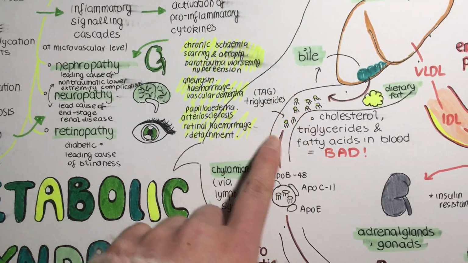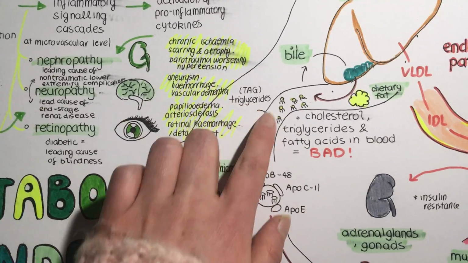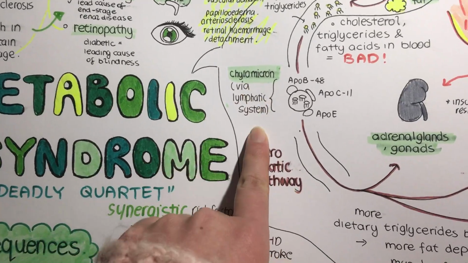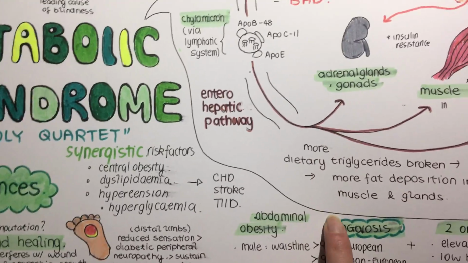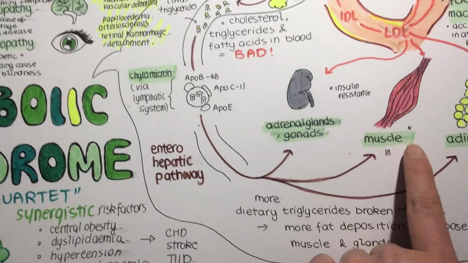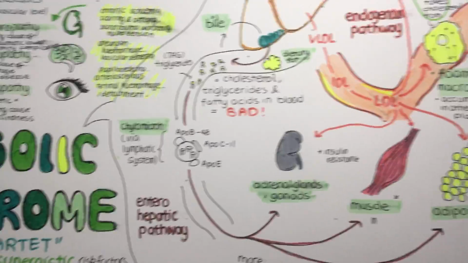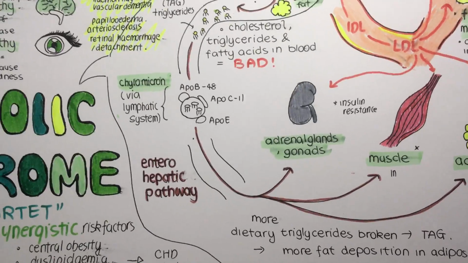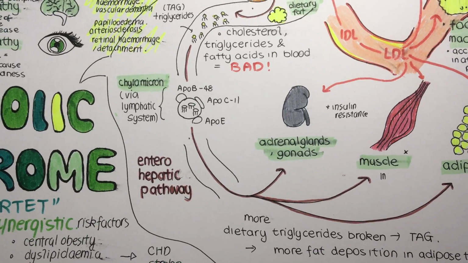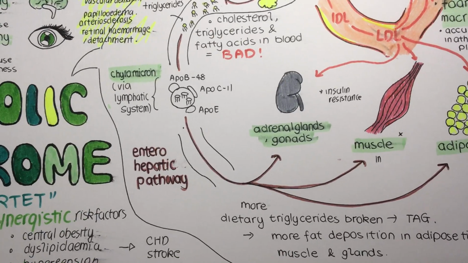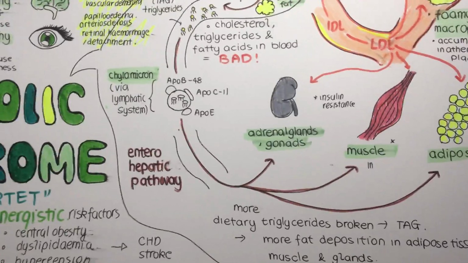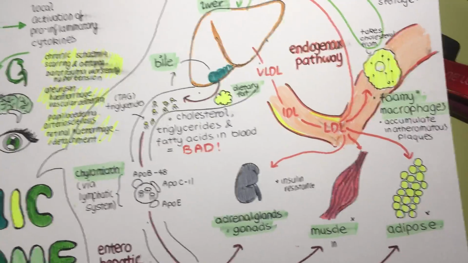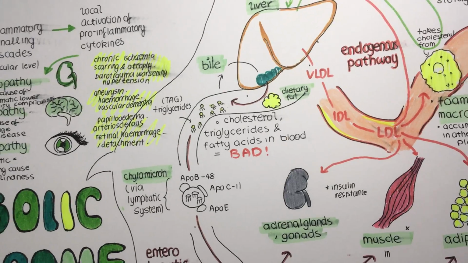And the more that is broken down into bile, the more triglycerides you have being transported as chylomicrons via the lymphatic system into these glands and muscles and adipose tissue again, which, as previously mentioned, is bad because they secrete adipokines and promote the secretion of further free fatty acids that increase your risk for diseases such as atherosclerosis, cardiovascular disease, and the complications from there onwards.